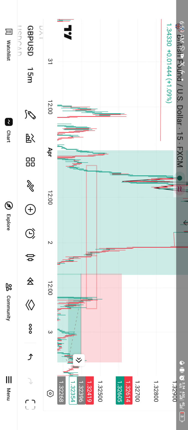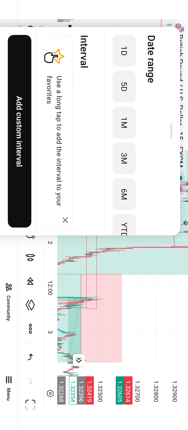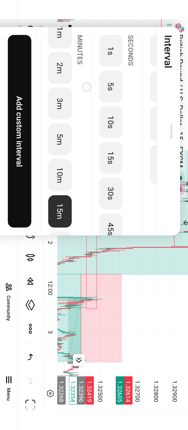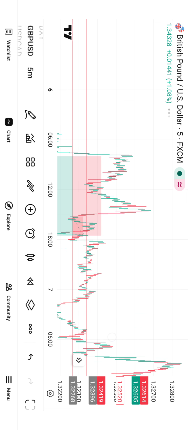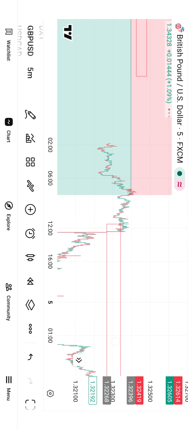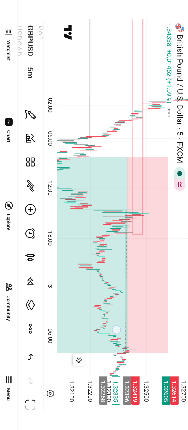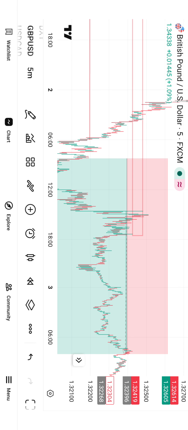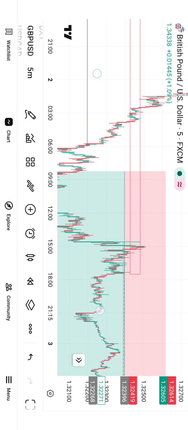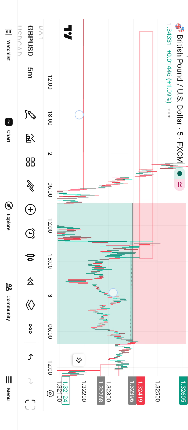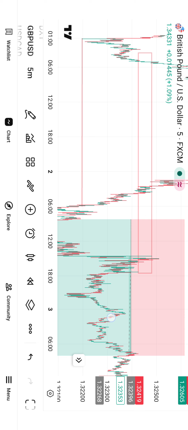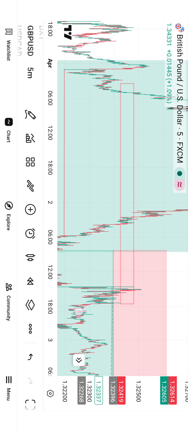What we're going to do is go to the lower time frame. You see the lower time frame right here. Where we're going to sell is from this. You could see this major break of structure right here that we marked.